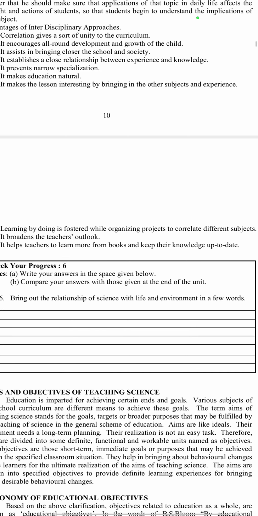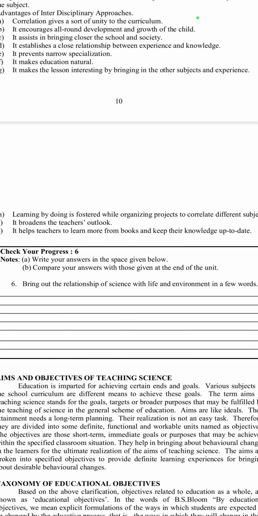Why? Because in teaching science, day by day, your knowledge about the field broadens every day if you are in the field of science.